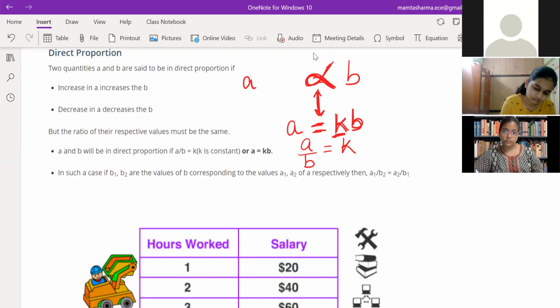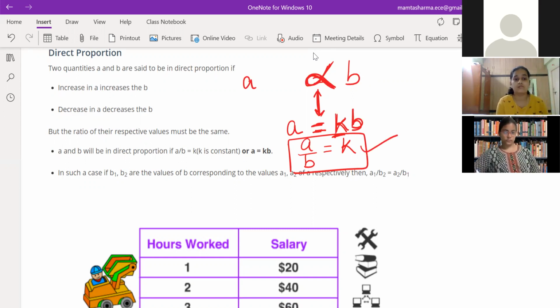The ratio of one quantity to the other quantity will always remain constant. That is the proper definition. That is the only definition: if the ratio of two quantities remains constant, then we can say they are in direct proportion.